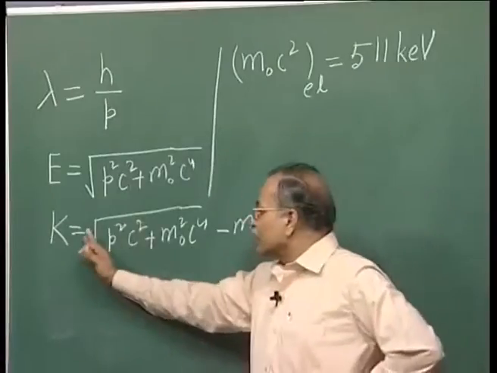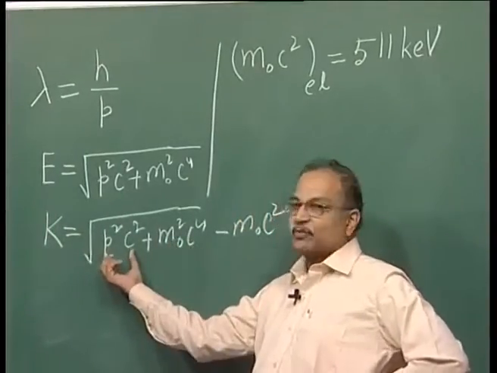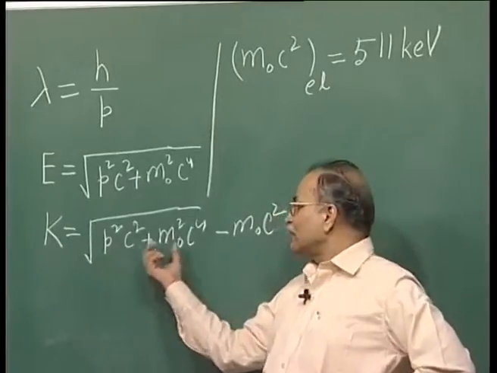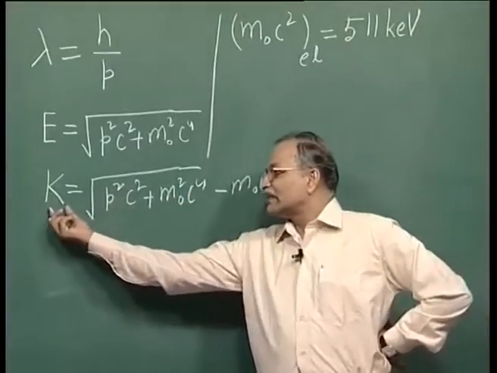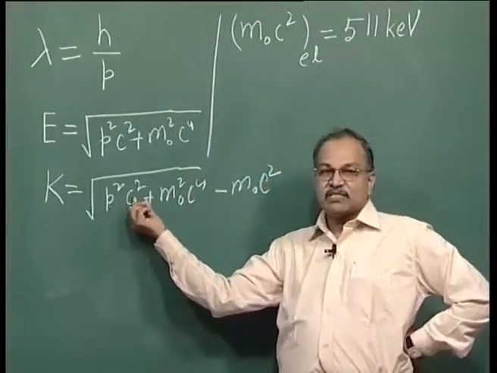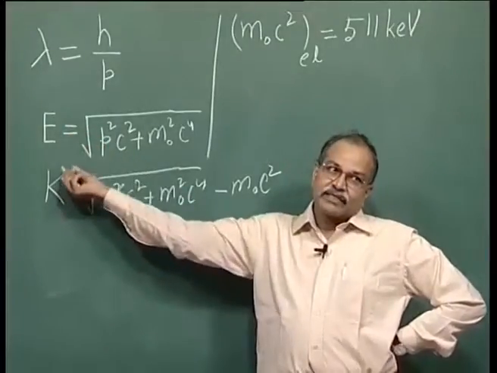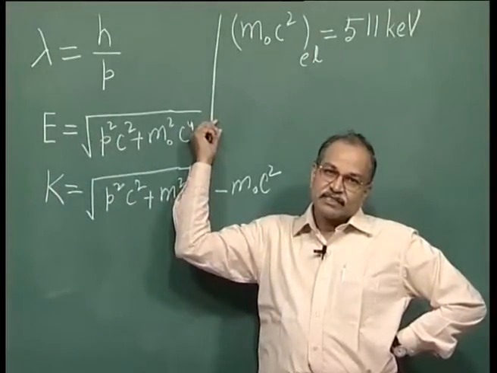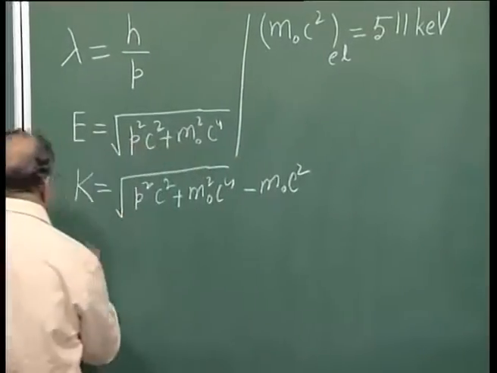And then again here, since this is large and this is small, so this has to be very large, and then probably you will also neglect this part, and then you will get kinetic energy is just p times c, and kinetic energy is almost same as the total energy, because rest mass of energy is also small.